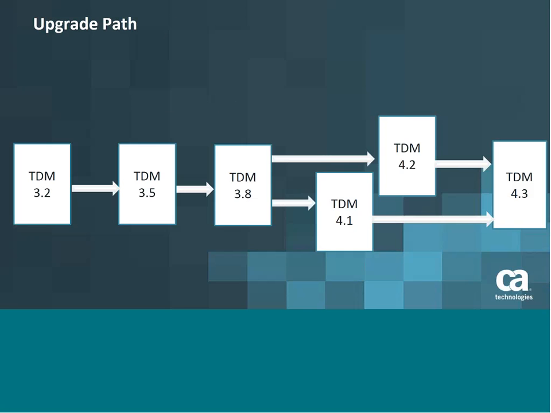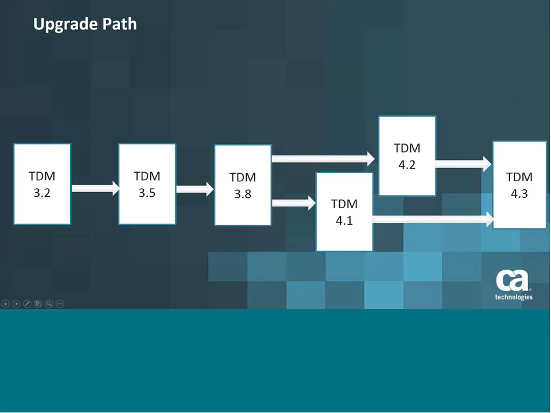For the upgrade path, I've put a sample upgrade path. Suppose, for example, you're using 3.2 Data Maker and you want to upgrade to the latest one; this would be a sample path. First, you have to upgrade to 3.5, and it's a multi-hop process. You cannot directly upgrade from 3.2 to 4.3.